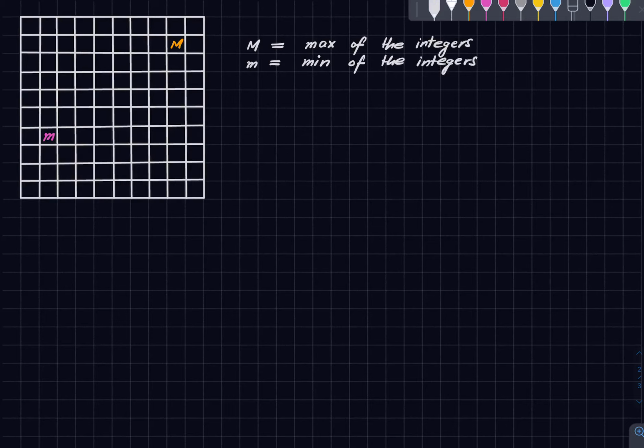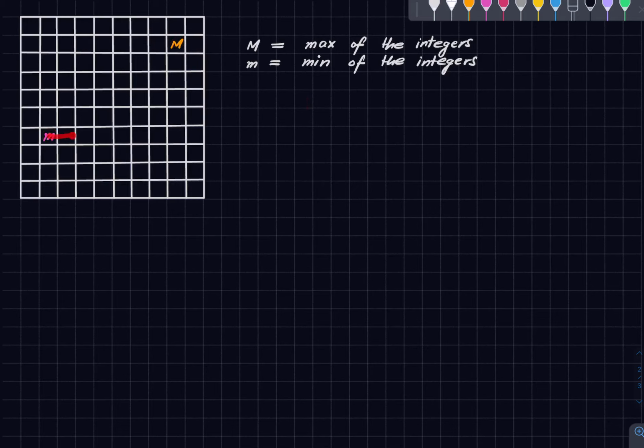Okay, and the main observation is you can go from this cell to that cell in at most 18 steps. The number 18 comes from somewhere, we will talk about it. But first of all, what is a step? A step is either a walk in the horizontal direction or in the vertical direction by 1 unit.